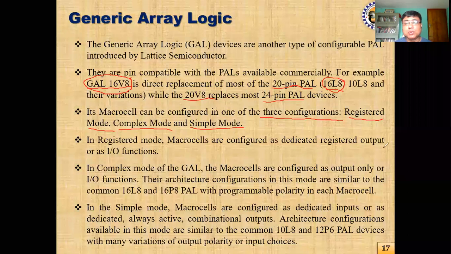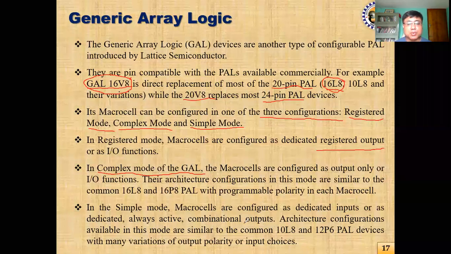Dedicated registered output we have seen in case of registered PAL. In case of complex mode of GAL, macro cells are configured as output only or IO function. Okay. So their architecture configuration in this mode are similar to common 16L8 or 16P8 PAL with programmable polarity in each macro cell. Okay.